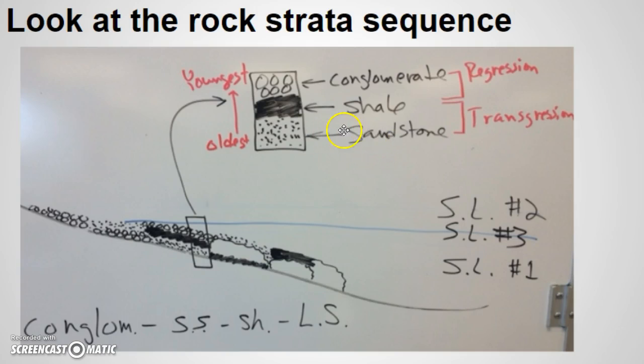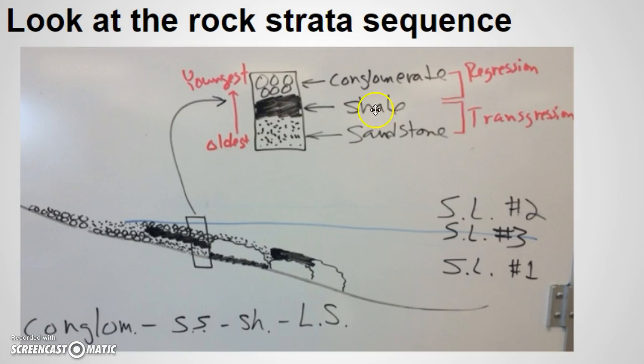Sandstone would be the oldest based on the superposition principle. If it goes from sandstone to shale, I can interpret this as a transgression taking place. Remember, transgression implies that sea level rose. And if it goes from shale to conglomerate, that is a regressive sea, or a regression taking place. The depositional record is also illustrating what was happening with sea level at the time.